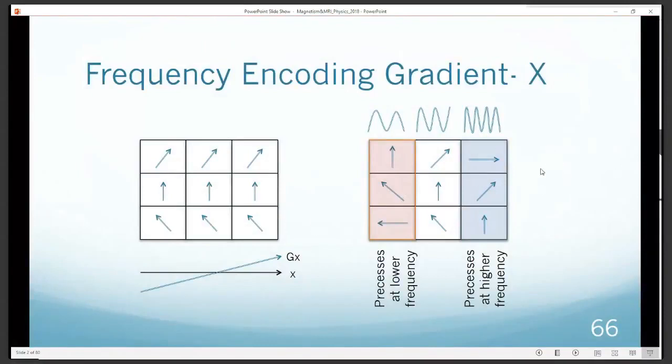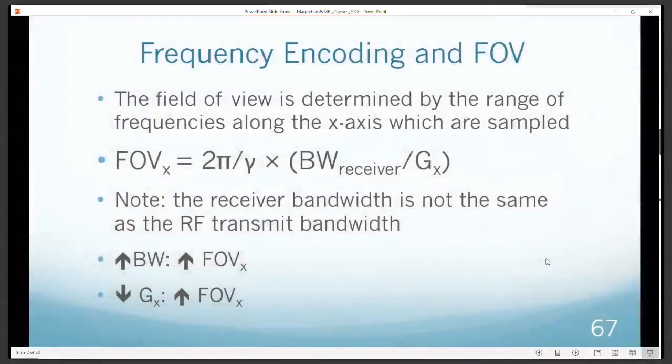And so at lower frequencies, you get a lower signal. At higher frequencies, you get a higher signal. And you calibrate the gradient to the receiver bandwidth, which is related to how fast you digitize the signal, and the field of view that you want for your image.